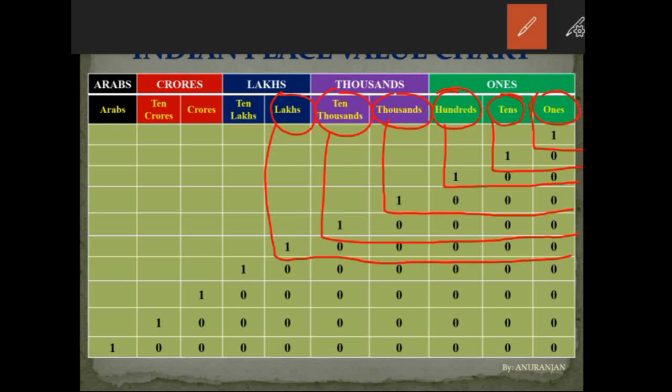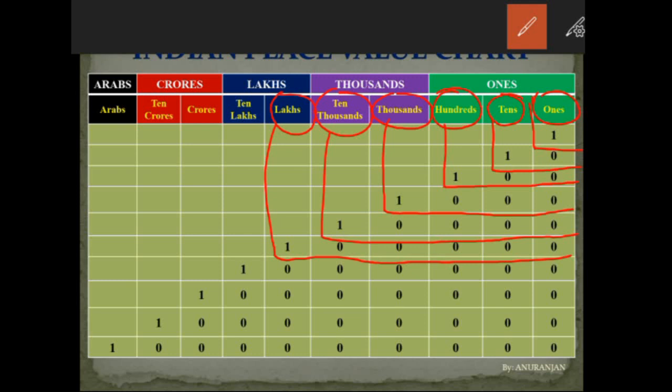If you observe carefully, from the ones place, when we add 1 ten times, it becomes the tens place, and when we add the tens place 10 times, it becomes 100, and so on.